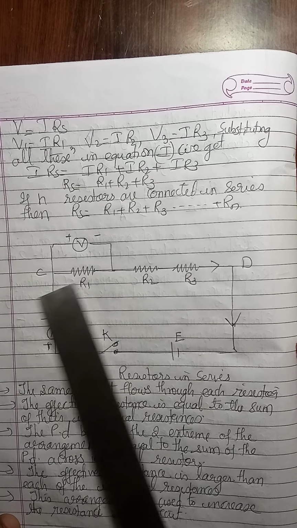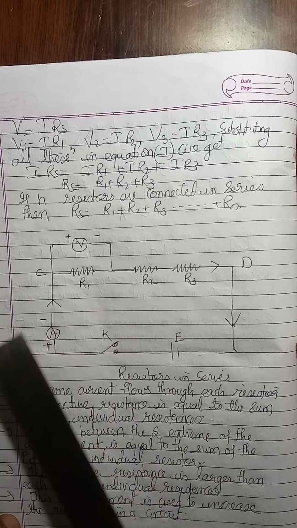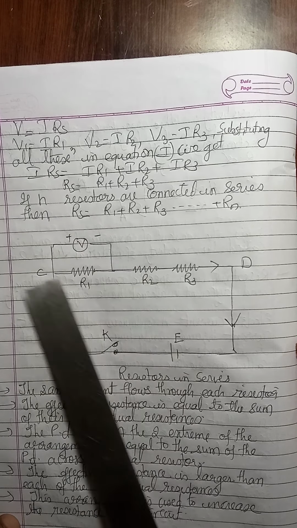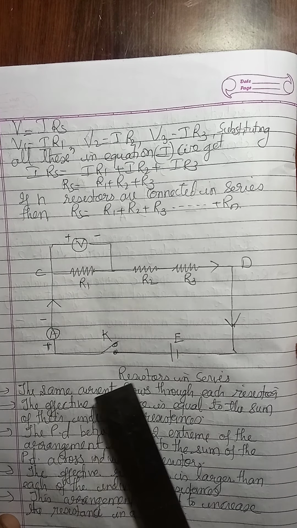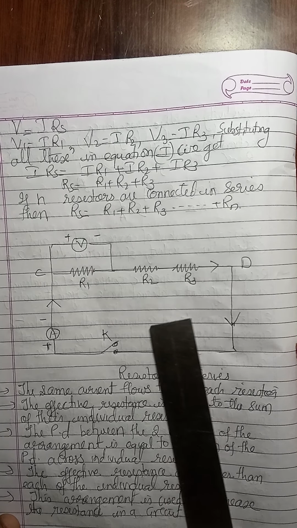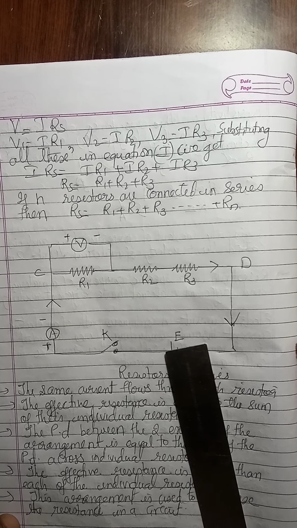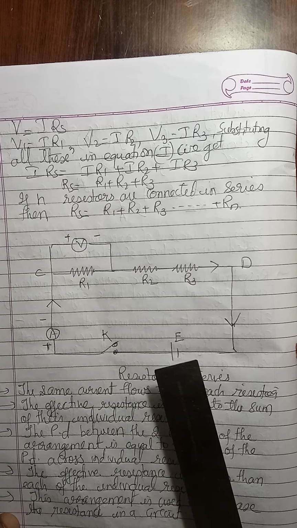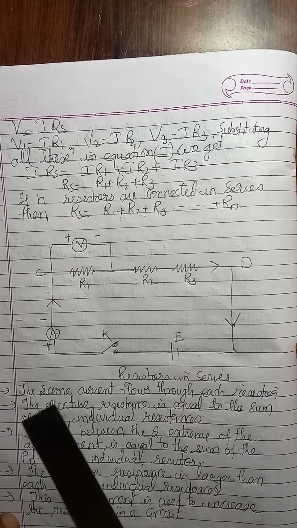This is how the diagram is. See, R1, R2, R3 are connected one after another in such a way that the same current is passing across each resistance, and potential difference is applied parallel to each one of them. This is the cell, the source of EMF or electromotive force or potential difference, with the help of which the charge is moving from one terminal to the other.